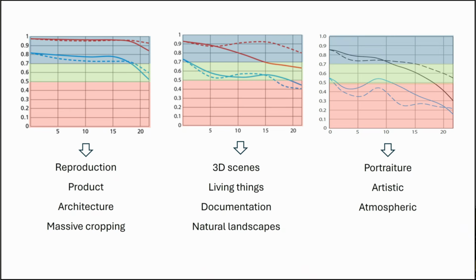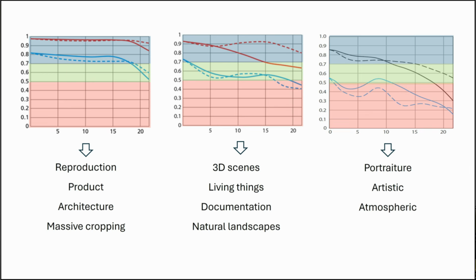Sharp details, small, tiny edges and details, while captured, are not overly accentuated. Such lenses lend themselves to three-dimensional scenes, where you want to emphasize the shapes of objects, the distances in the scene, the textures of surfaces.